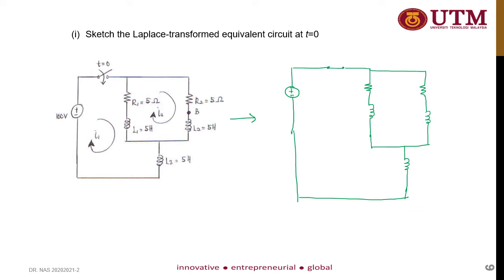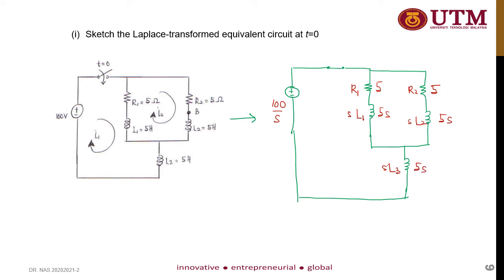So the source now is 100 u(t), so it is 100 over S, and then you have R in t, so it will be R in S as well, so 5, and then L in t become SL in S domain, so your L is 5, so it's 5S, and then same to R2, and it is 5, and L2 become SL2, so it's 5S, and same goes to L3, so SL3, 5S.